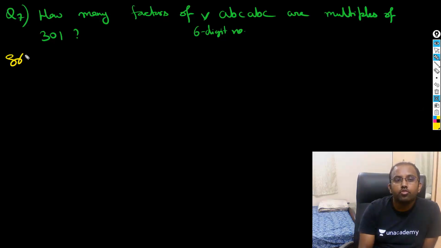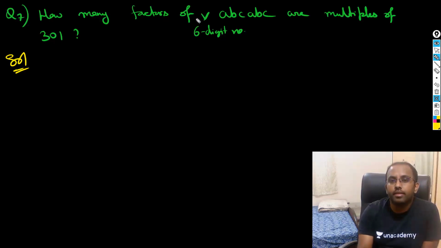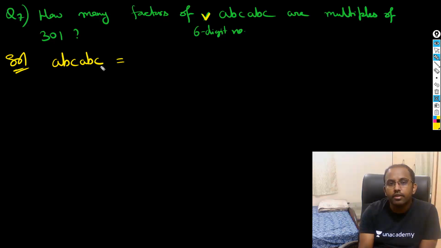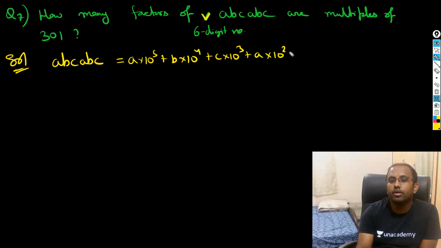Now, I want this to be a multiple of 301, right? So once you factorize ABC, you should know how to factorize ABC. If I break it, I can write A into 10 raised to 5 plus B into 10 raised to 4 plus C into 10 cube plus A into 10 square plus B into 10 raised to 1 plus C into 10 raised to 0.